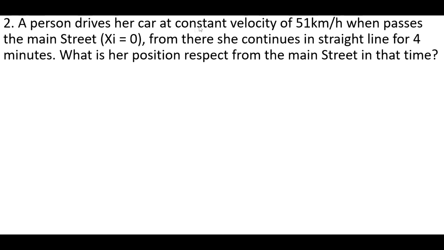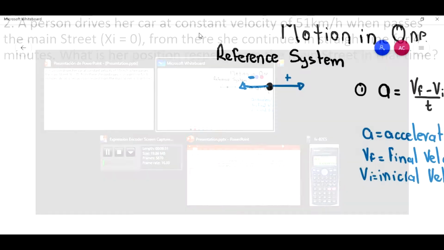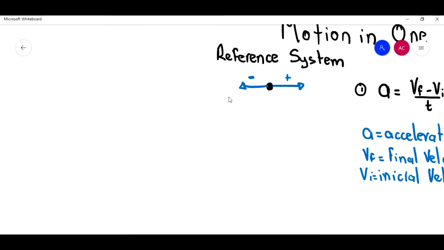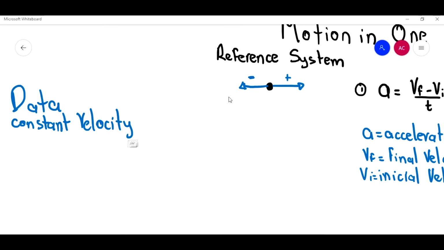Okay, so in this problem, what I'm going to do is write the data. So it says constant velocity. This term means that the velocity is not going to change. So that means that it's going to remain exactly the same.